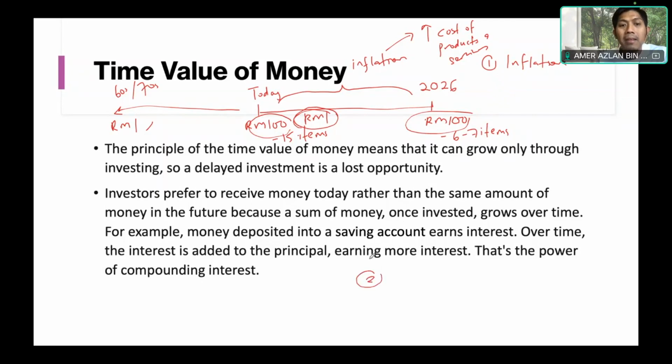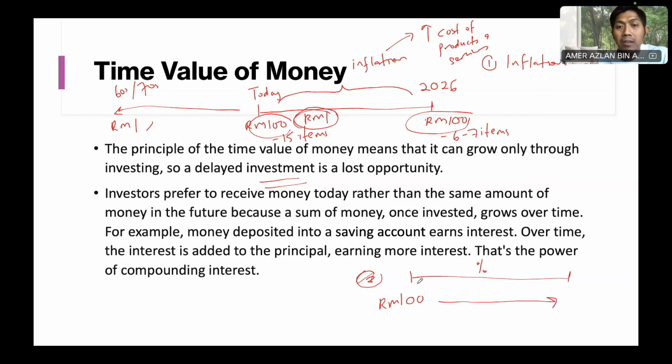The second reason why the value of the money is worth more today than sometime in the future is the investment factor. For example, if you have 100 ringgit today and you invest it in any accounts or any financial instruments that can give you some percentage rate of return, this money will grow more than 100.